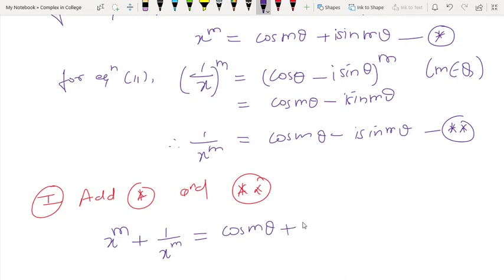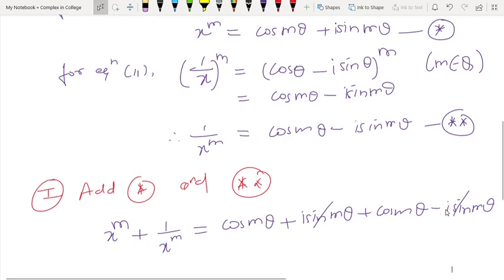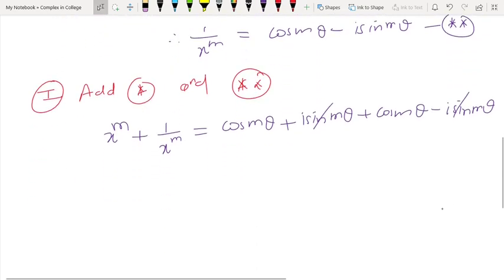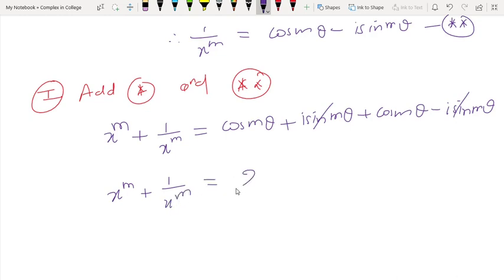It will be cos m theta plus i sin m theta plus cos m theta minus i sin m theta, isn't it? Now these two get cancelled because of opposite signs. So what we have here is x raised to m plus 1 upon x raised to m equal to 2 times cos m theta. So this is the required result. Let me call it T.